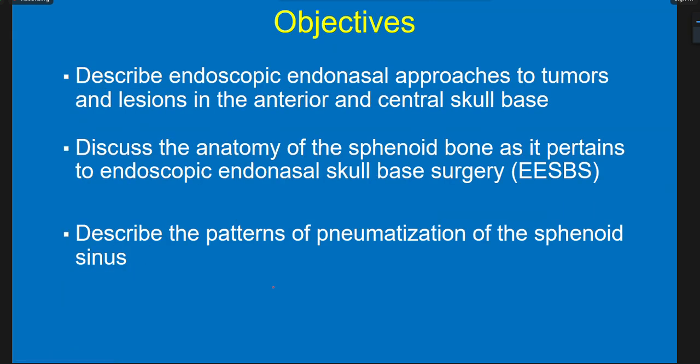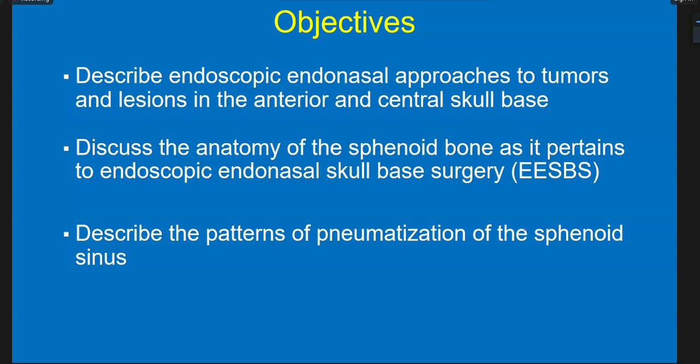So our goals are straightforward. We'll describe the approaches to tumors in terms of endoscopic endonasal surgery, particular lesions in the anterior and central skull base. We'll discuss the anatomy of the sphenoid bone as it pertains to endoscopic skull base surgery.